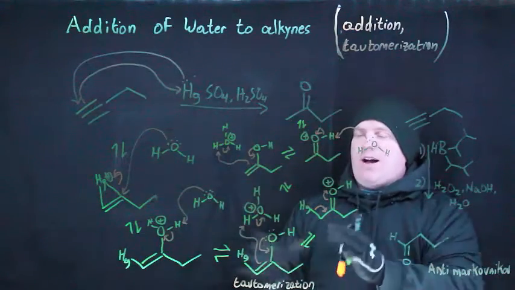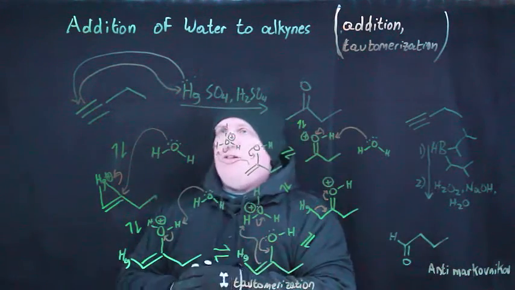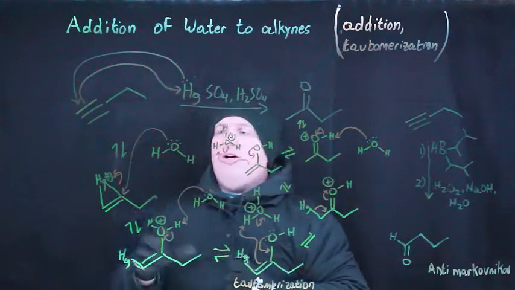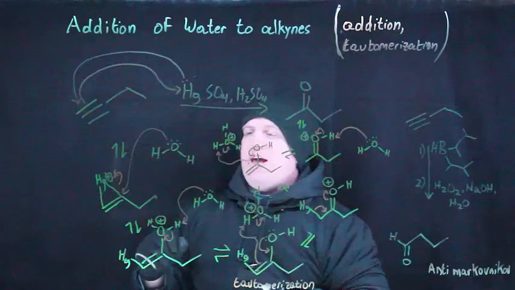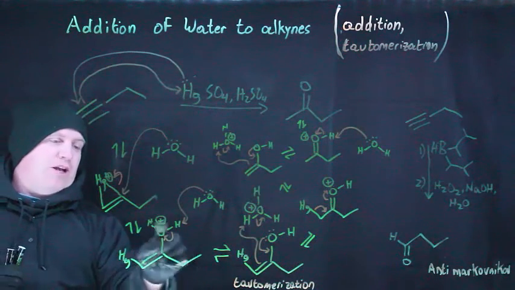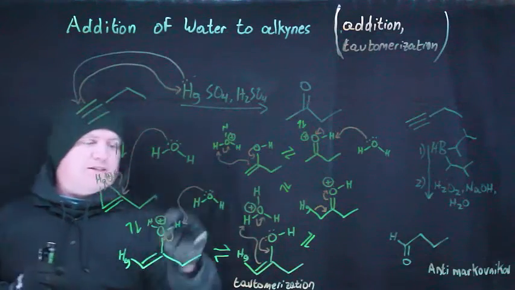So this is now a complicated mess, as you see, but the initial step is attack of the triple bond on the mercury. That leads to this cationic intermediate, which gets attacked by water, that then forms this protonated water intermediate, which then gets deprotonated.